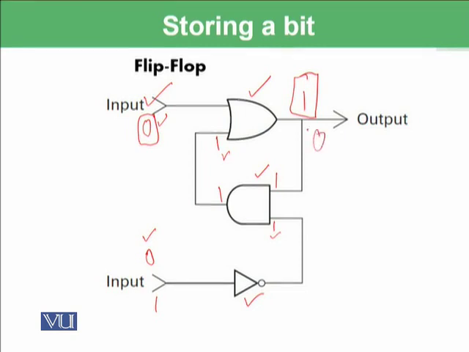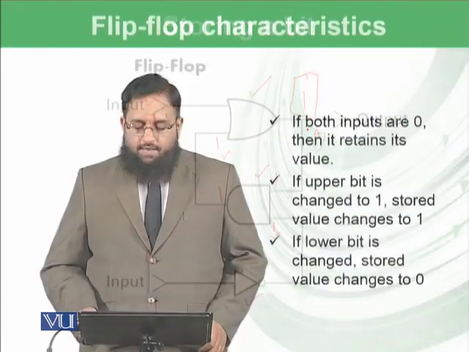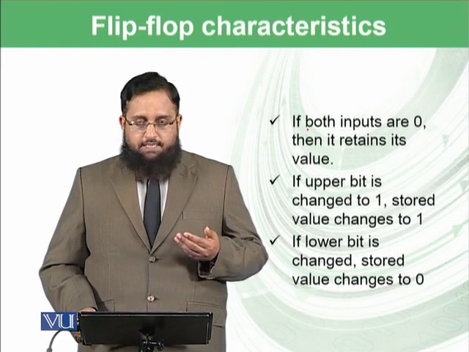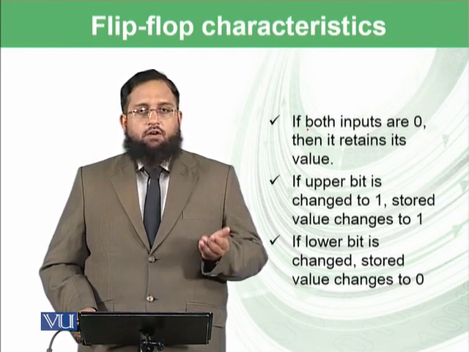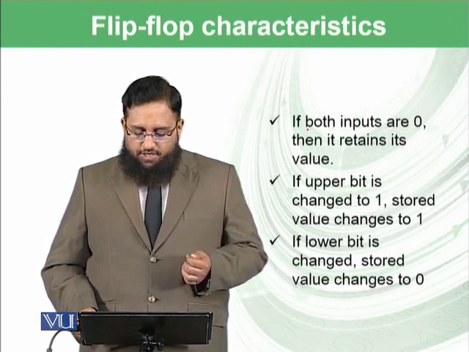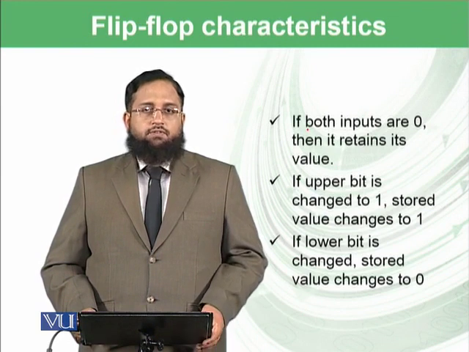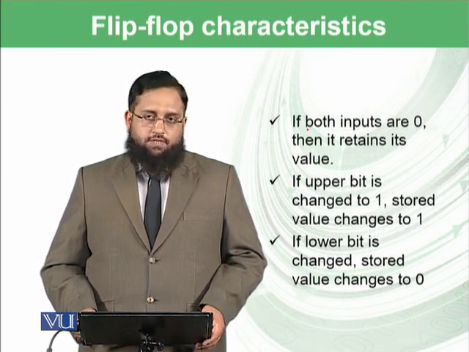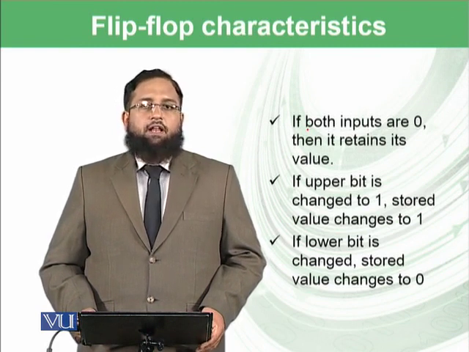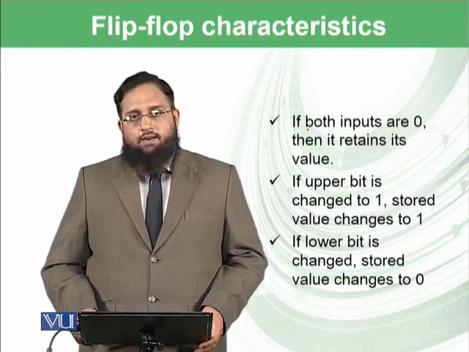You can try it. So we conclude that in this flip-flop, if both inputs are 0, then it retains its value. While if the upper input is changed to 1, it starts saving the output as 1, and if the lower input is changed to 1, then it starts saving the output of 0. So this is how in each bit the value of 0 or 1 is stored.